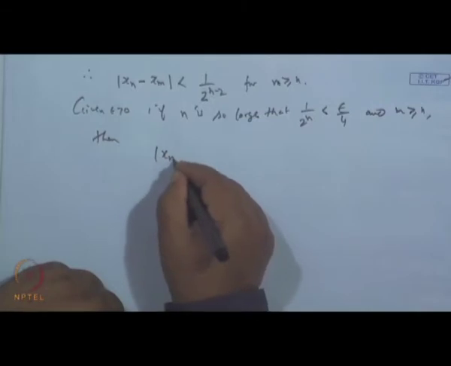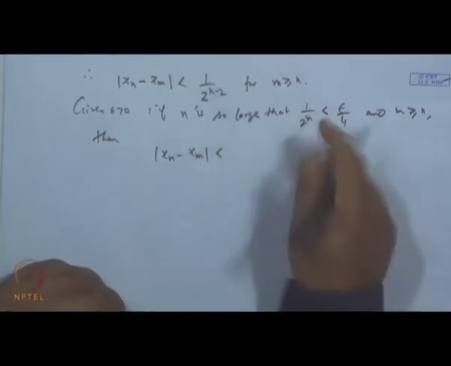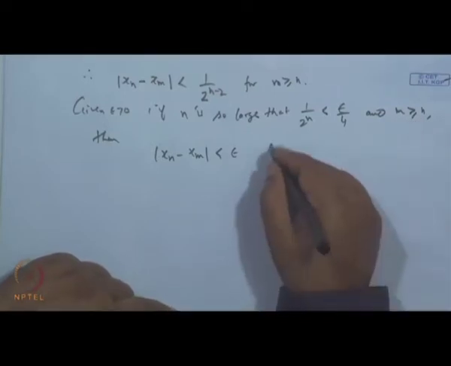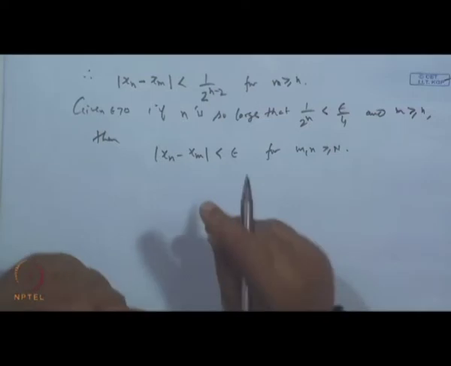The mod of x n minus x m is less than epsilon by 4. So basically it is less than epsilon, for all m, n greater than or equal to capital N, some integer N.